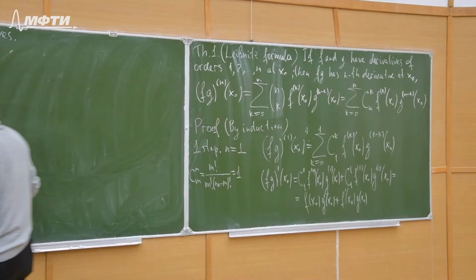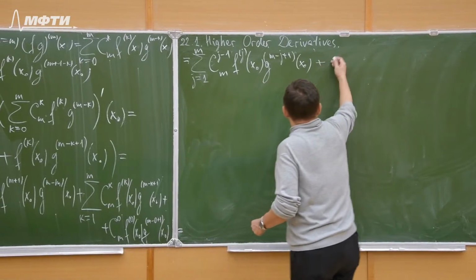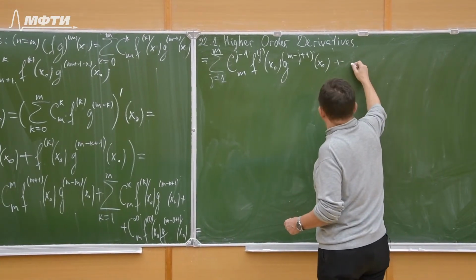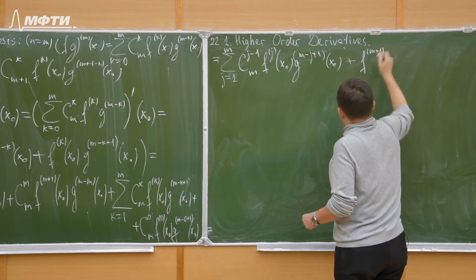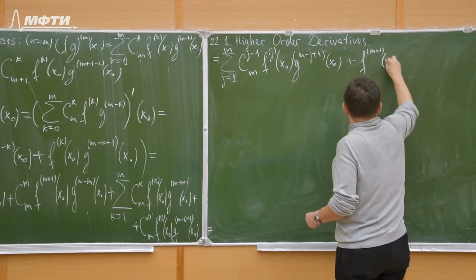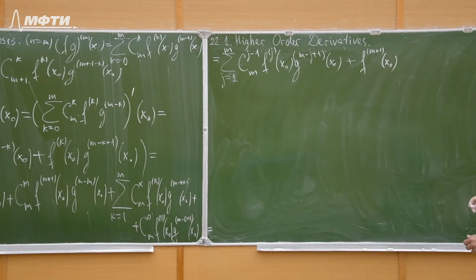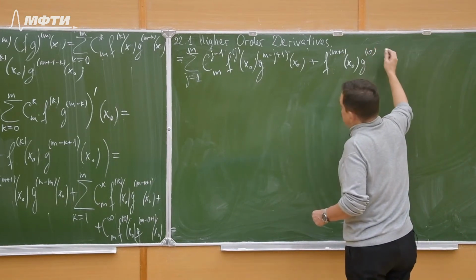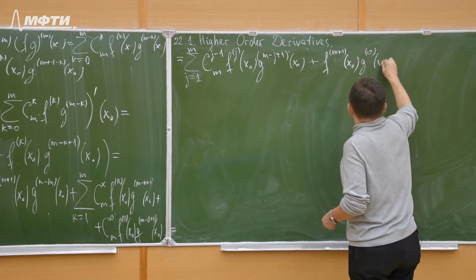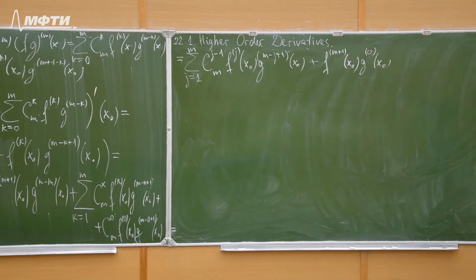Hence, I can rewrite the second term as the derivative of order m plus 1. Here the derivative of order 0 is the function itself, but for me it's better to preserve the notation like it is.